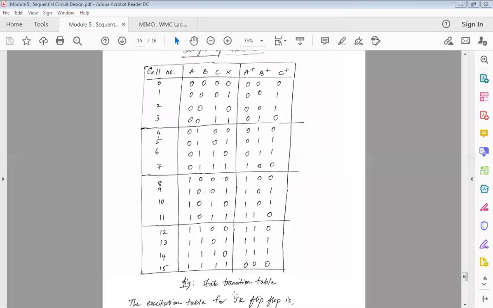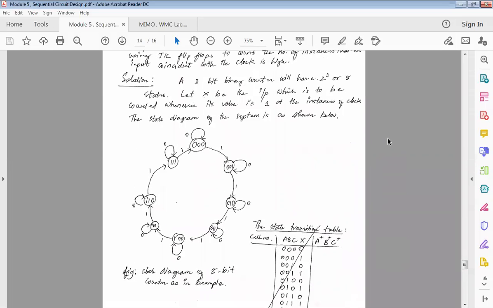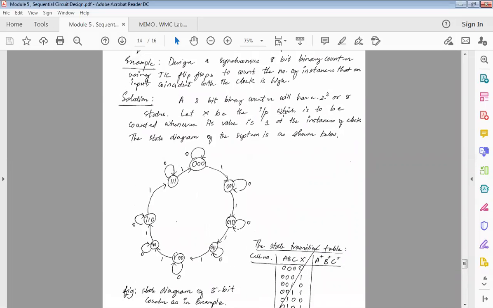So I hope now you have an idea as to how we are looking into ABC and how this X is playing an important role, and how we are migrating from the present state to the next state. That is what it says here. Let X be the input, which is to be counted whenever its value is 1 at the instances of clock.